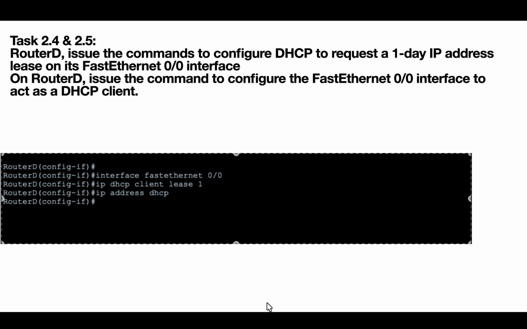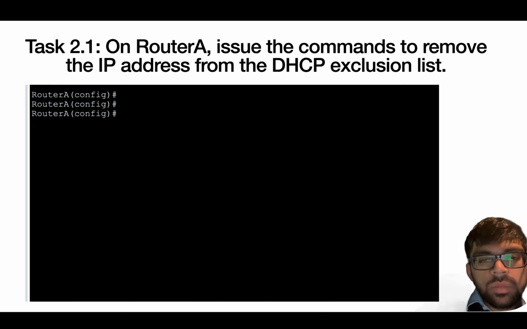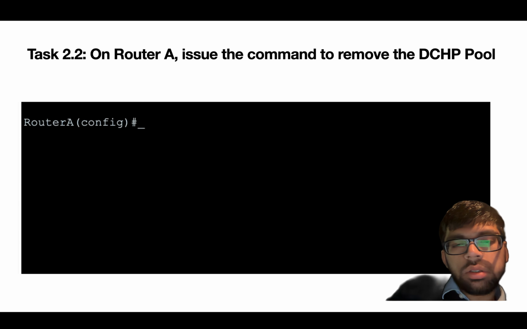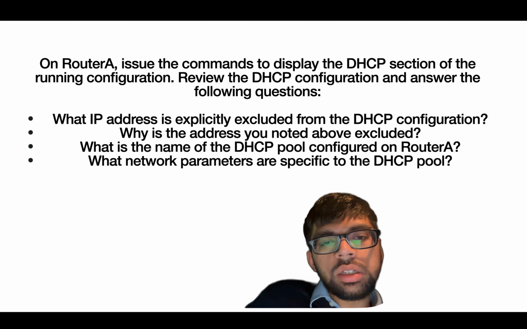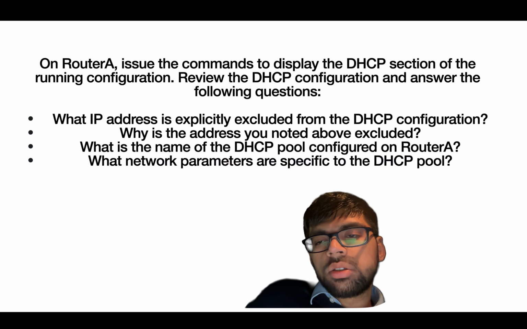Router D. If I go all the way back, I can show you guys the topology, that's here. So we're configuring this guy as a client. So let's go all the way back now.